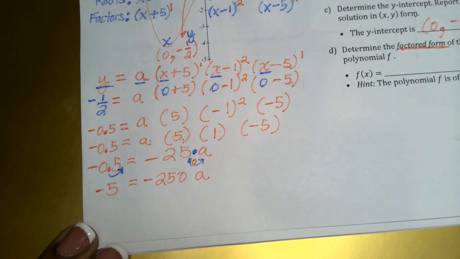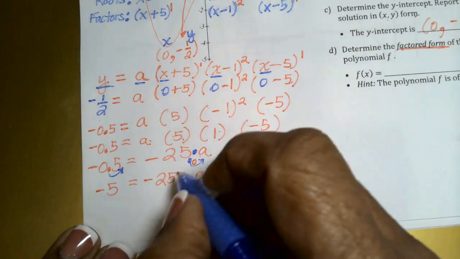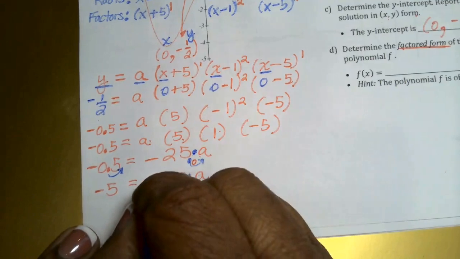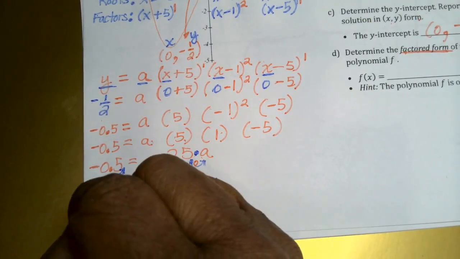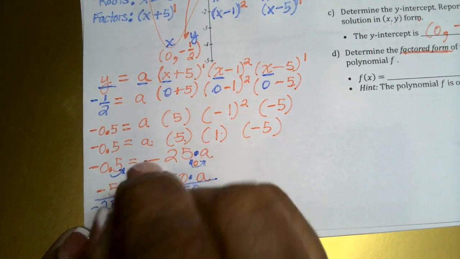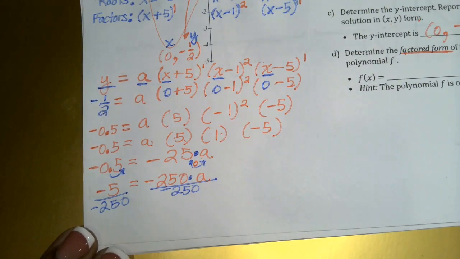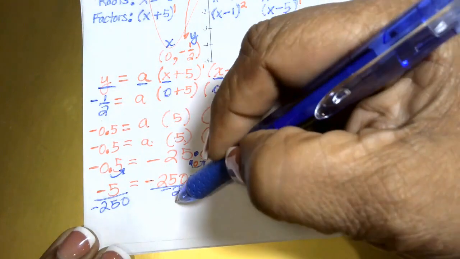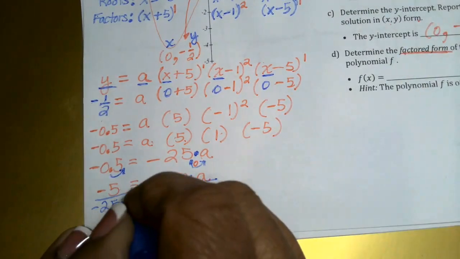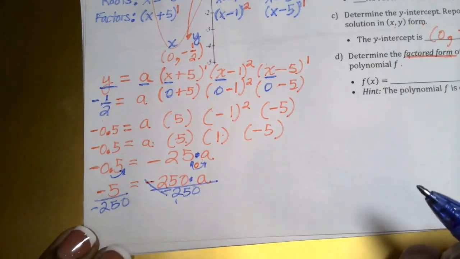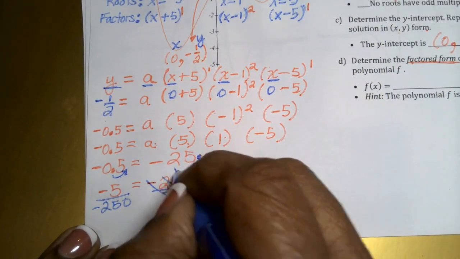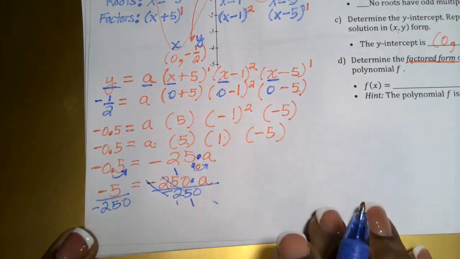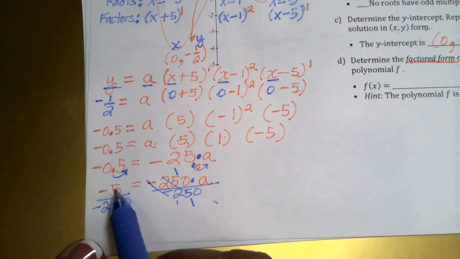Now I'm ready to get rid of negative 250. Divide both sides by negative 250. And simplify. Negative divided by a negative is a positive. That's gone. 250 goes into both of these numbers once each. 5 goes into both of these numbers.